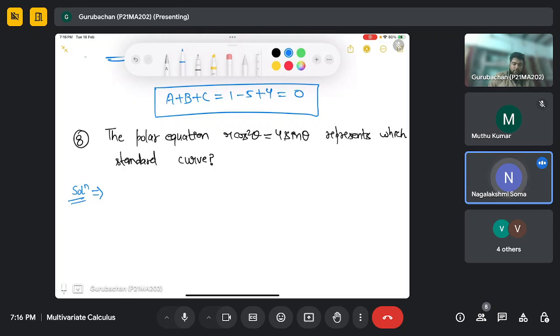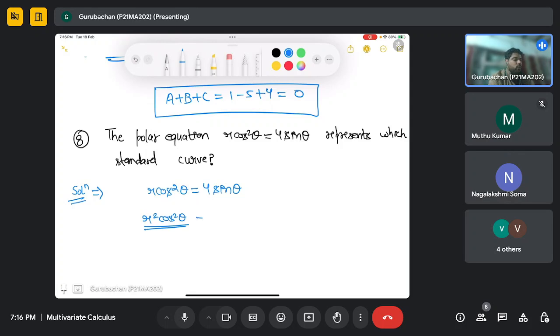x square equal to 4y. Okay. So what would be the standard curve then? x square equal to 4y, what does that represent? Parabola. Right. So we have given r cos square theta equal to 4 sin theta. Okay. So we will multiply r on both sides so that we will get here a whole square and here 1 r.